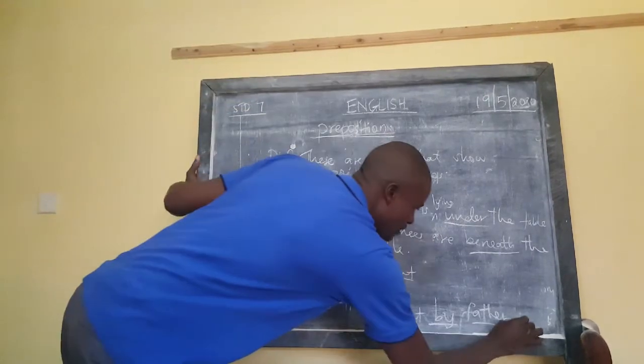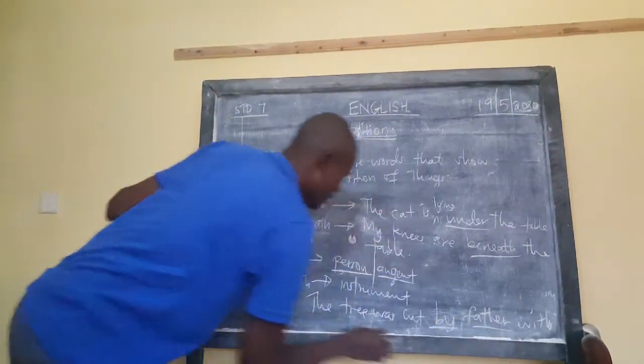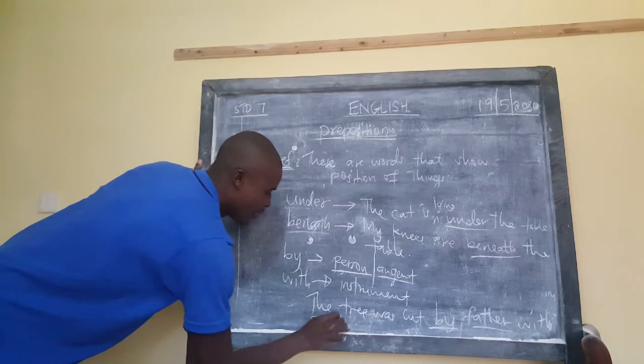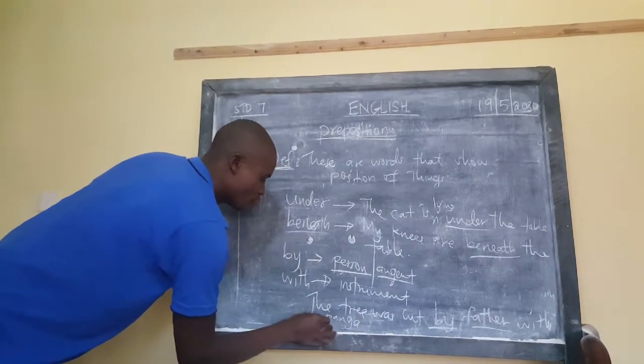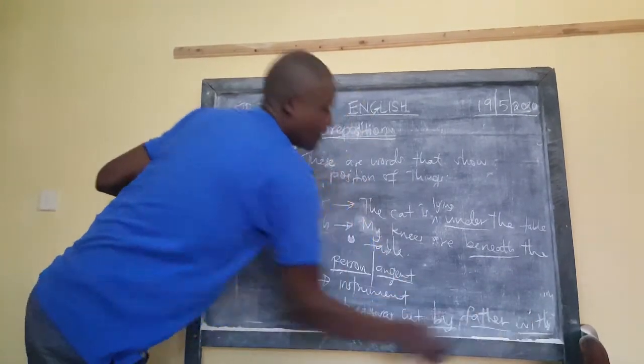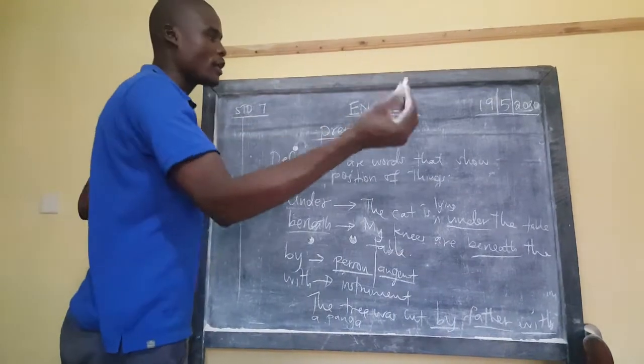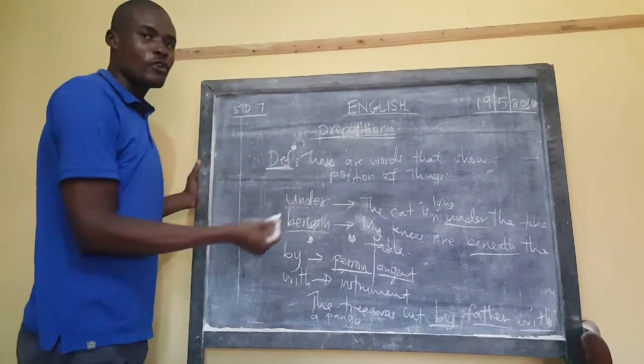So with now comes here. With a panga. Whatever is used to cut is the instrument. The teacher used a chalk to write on the chalkboard.